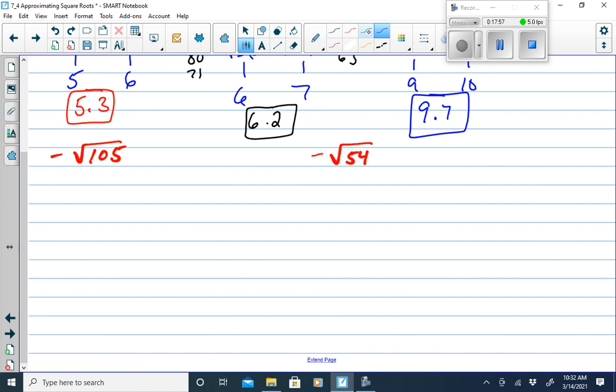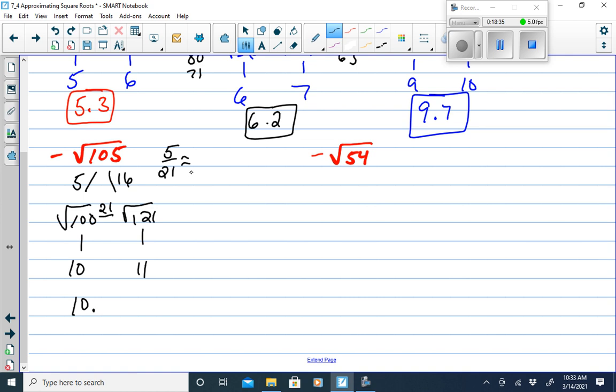All right, let's try a couple more. The opposite of the square root of 105, that's going to be in between the square roots of 100 and 121. 100 and 121, that's going to be 5 away, and this is 16 away, so it's going to be 21. 5 over 21, that's going to be 10, that's going to be 11, so we know we're going to have 10 point something, so we have to divide 5 by 21 to find the approximation.